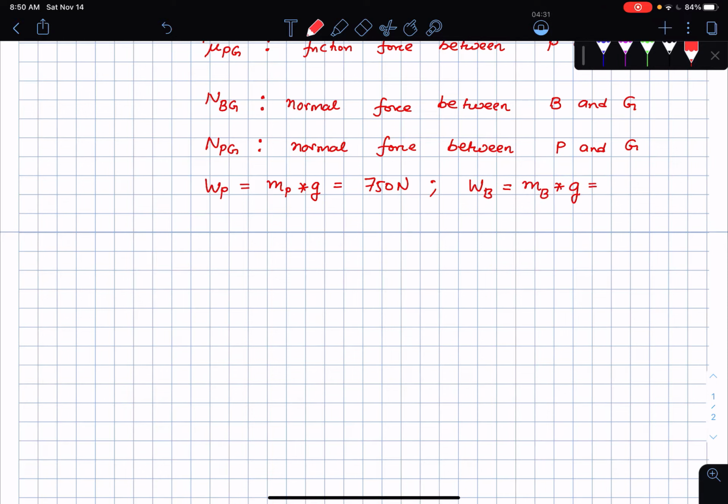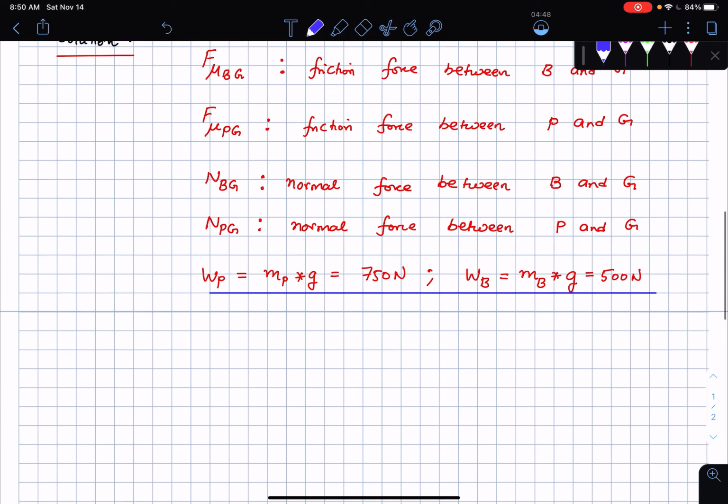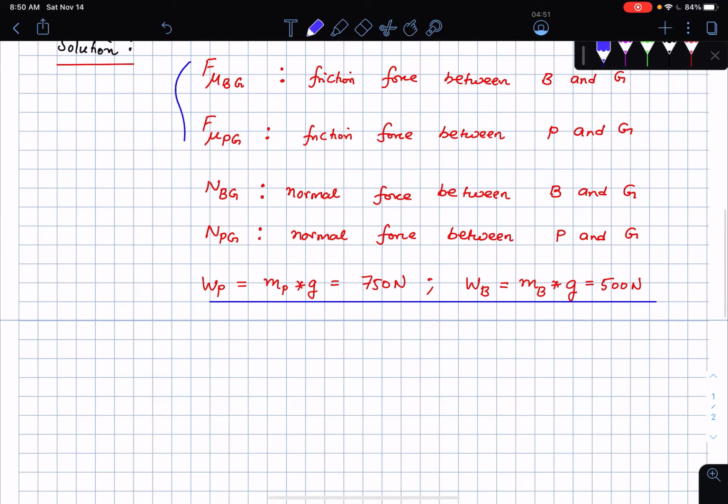Mass of the box was 50, which means this is going to be 500 newtons. This is important information that we are calculating based on what is given to us in the problem. So with all of this, let us get going on the problem.